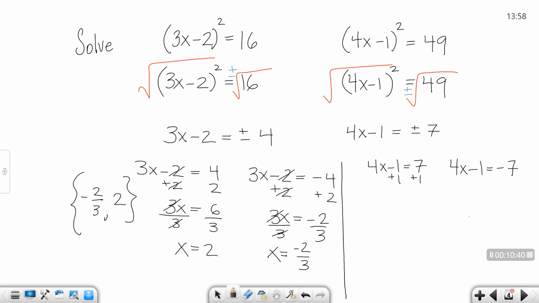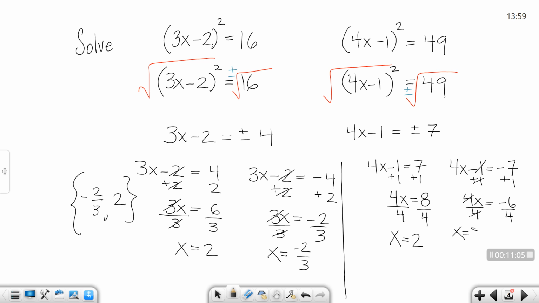Add 1 to both sides. 4x would equal 8. Divide by 4. X would equal 2. Add 1 to both sides over here. 4x would equal a negative 6. Divide by 4. And x would equal a negative 6/4.